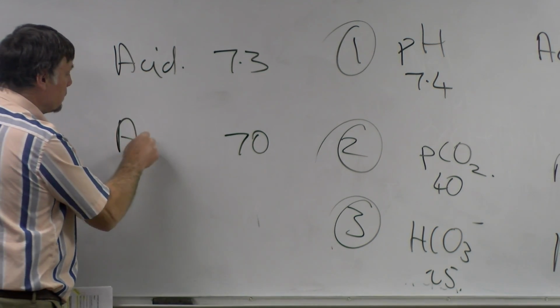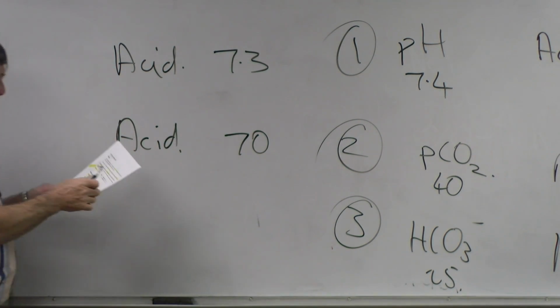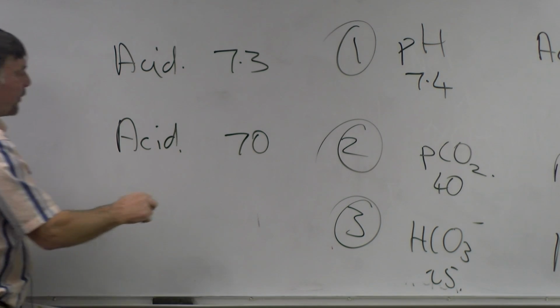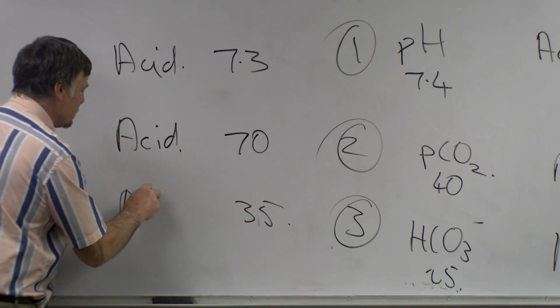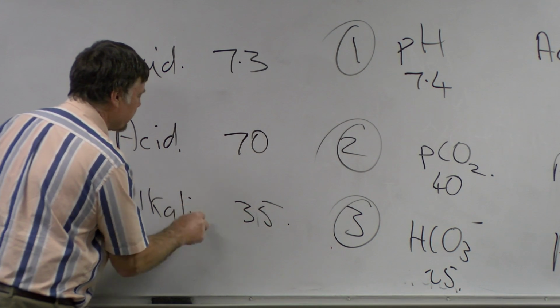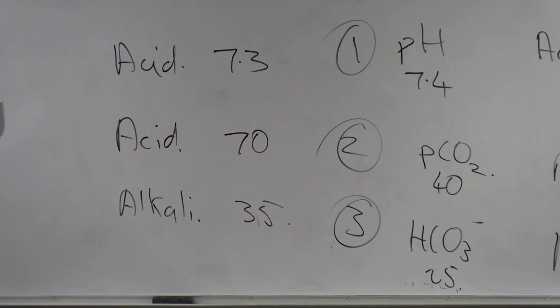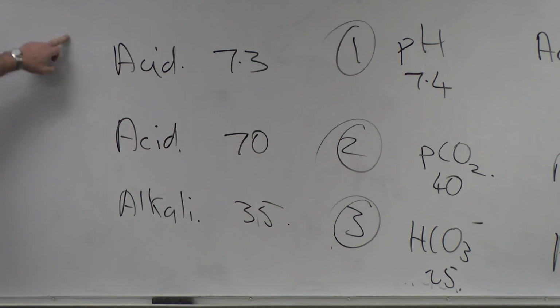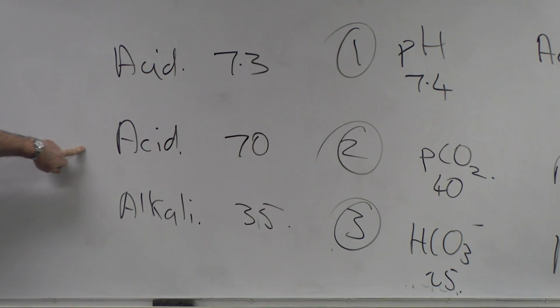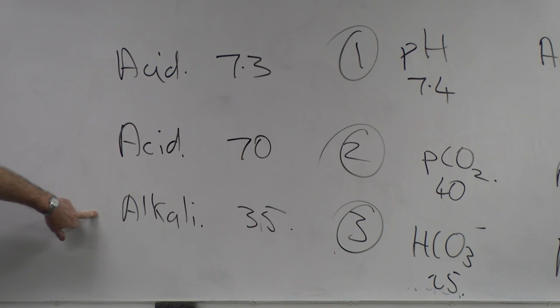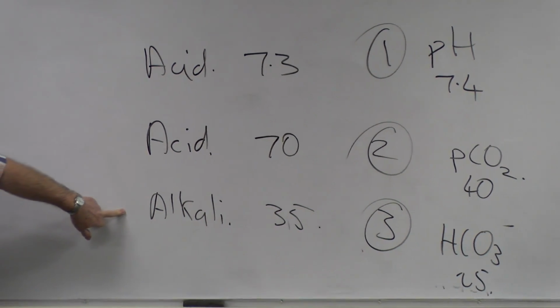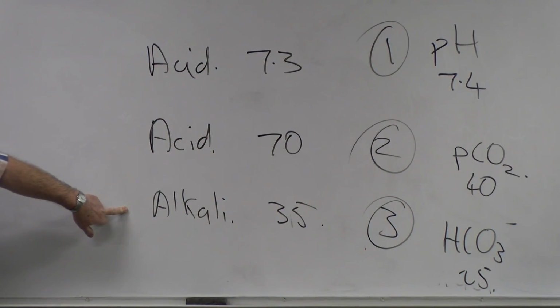Acid, yes. Bicarbonate, 35. Alkali. So again, the two that match are these two. So it's a respiratory acidosis with, it looks like, substantial compensation by the kidney, the metabolic side of it.